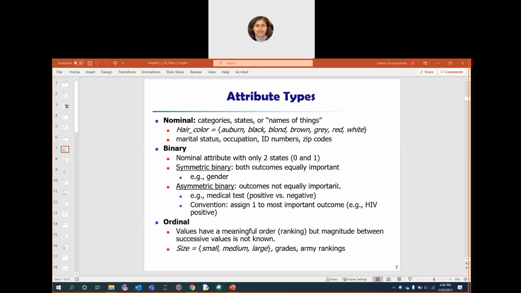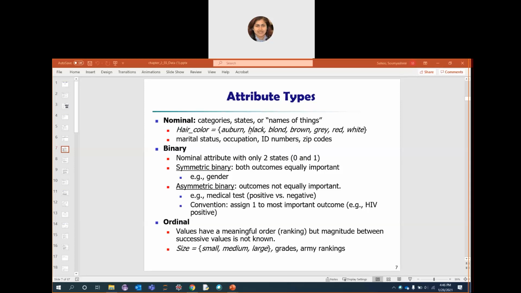Nominal attributes are nothing but symbols or names of things. Each value represents some type of category, code, or state, and nominal attributes are also referred to as categorical. These values do not have any meaningful order.